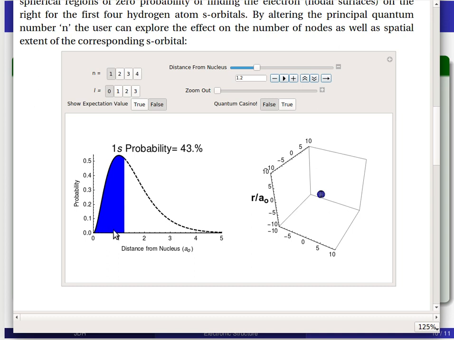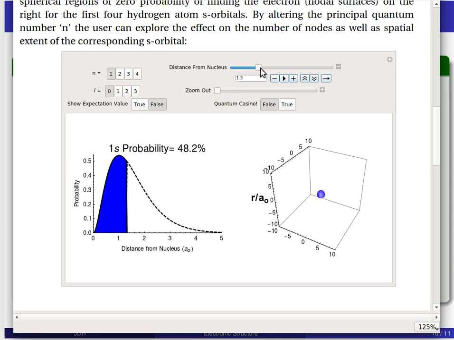And now notice, over here on the right-hand side of the interface, I am drawing a little sphere, a cross-section of a sphere that's illustrating the size of the region that we are examining. So this distance of 1.2 Bohr radii away corresponds to a sphere that is 1.2 Bohr radii in radius.